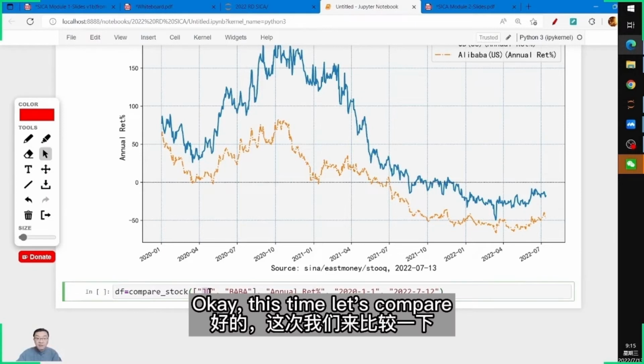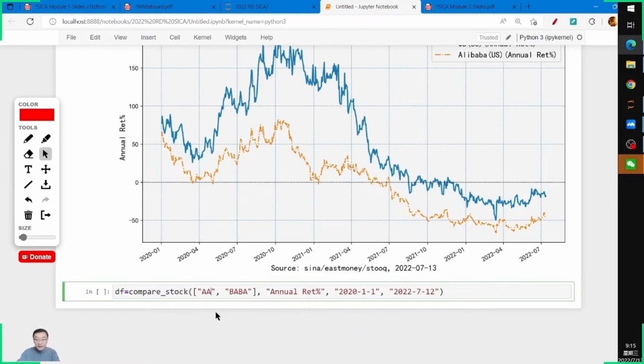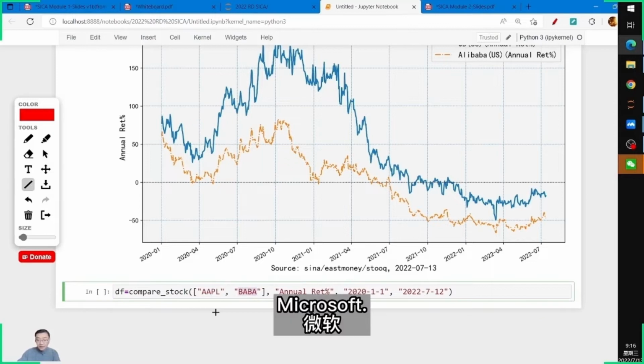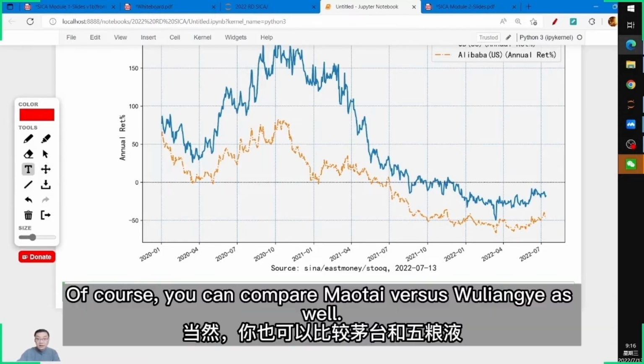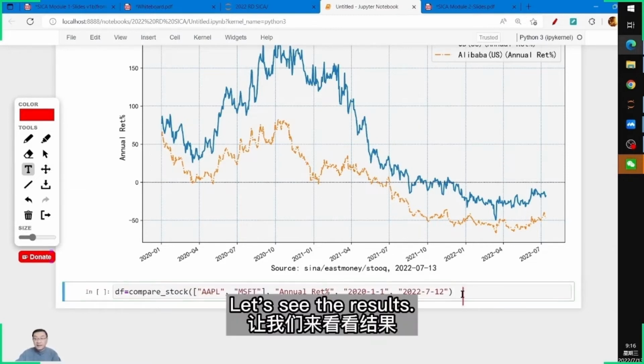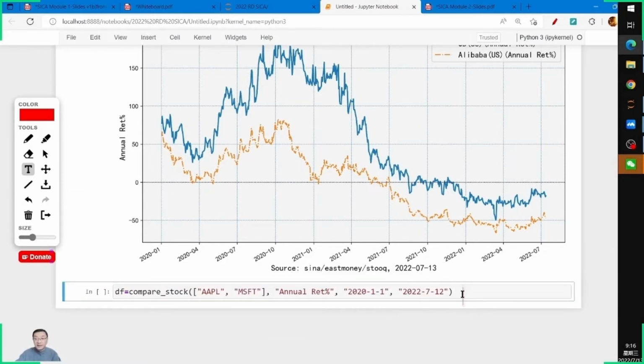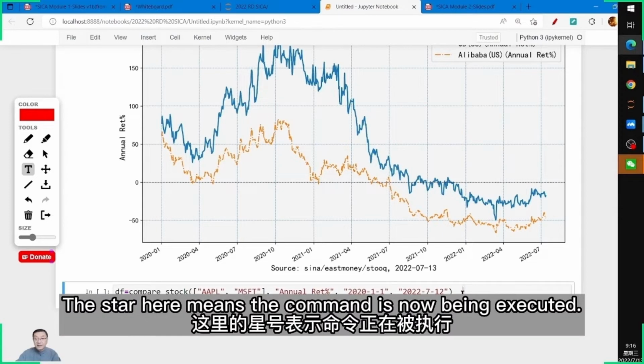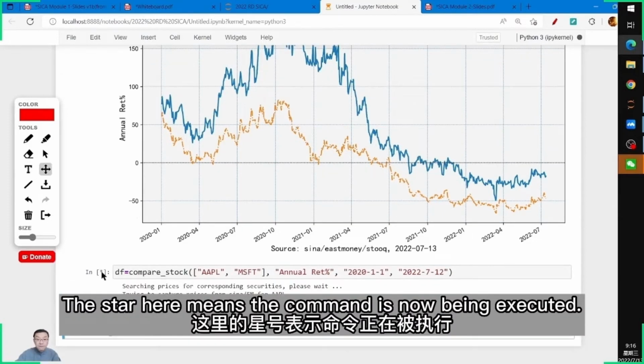Okay, this time let's compare Apple versus Microsoft. Of course, you can compare Moutai versus Wuliangye as well. Let's see the results. The star here means the command is now being executed.